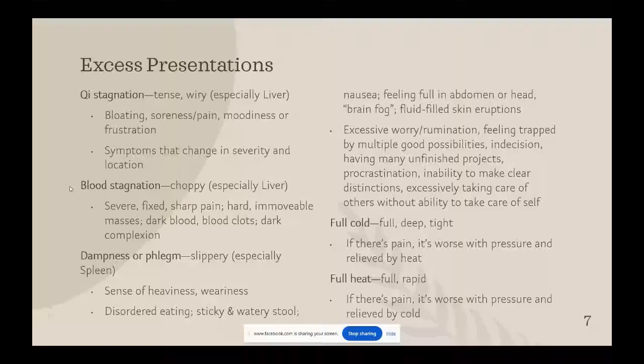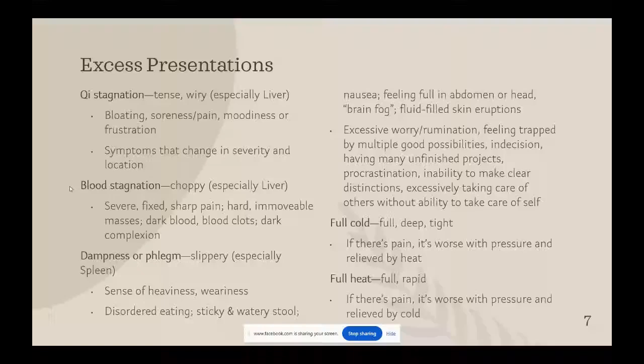And the emotions get pent up. Any symptom that changes in severity and location is usually indicative of qi stagnation, like a wandering pain or discomfort that comes and goes.